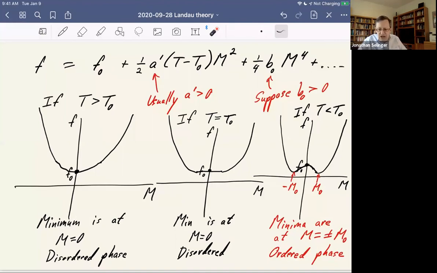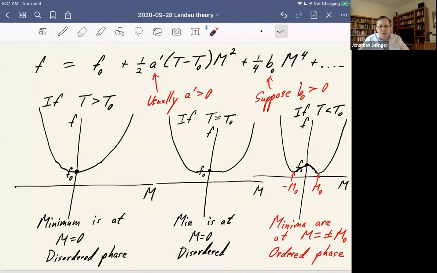That works as long as the coefficient of m to the fourth is positive. If that coefficient is negative, that would not work, right? So if the B0 were negative, then we would need to put in a sixth order term in order to have stability, right?